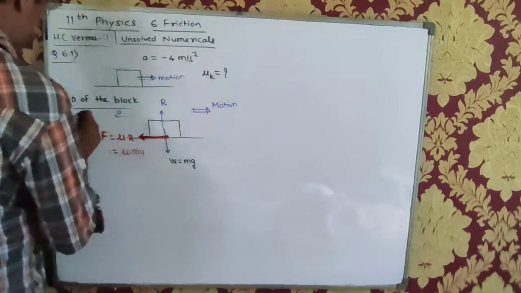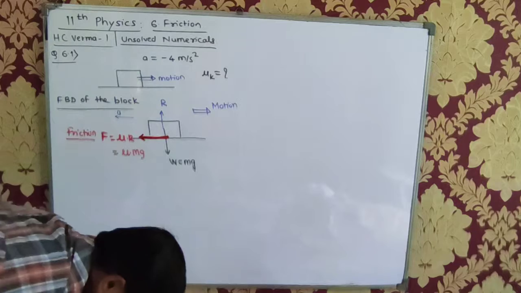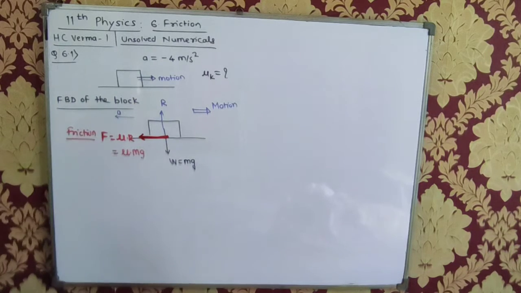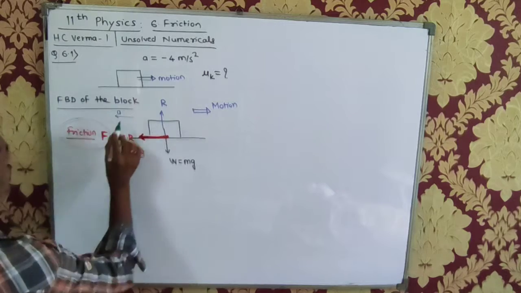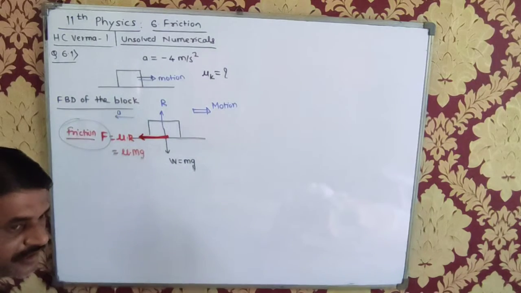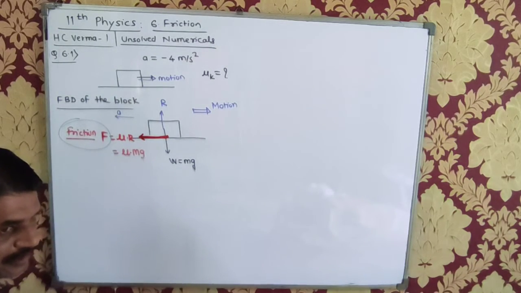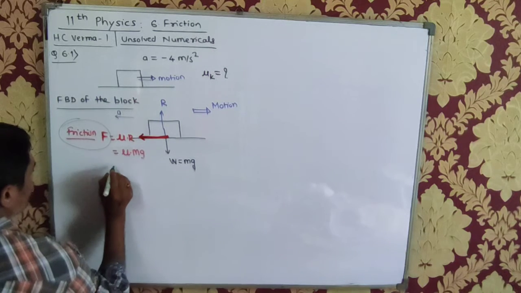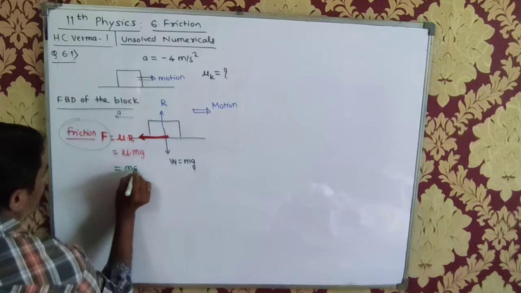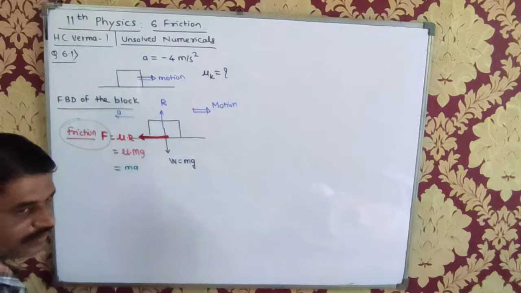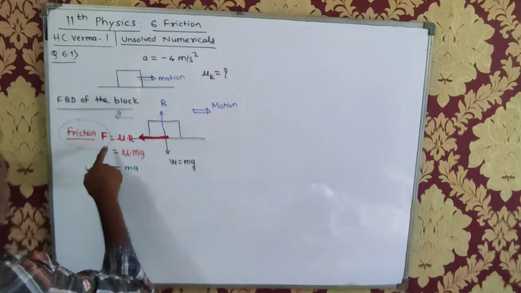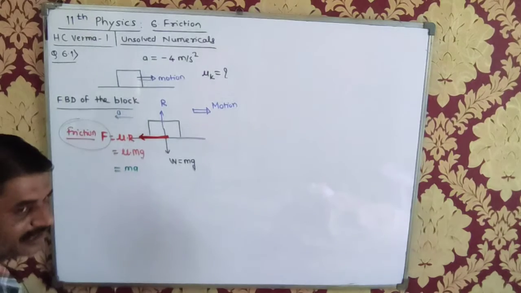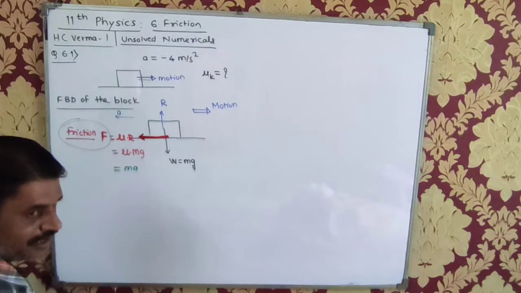This is to be understood. Or you can view it in a different way, that this is the frictional force which is imparting the deceleration. This frictional force itself is equal to ma. Can I say so? Yes. This frictional force is imparting the necessary deceleration. Are you understanding that?